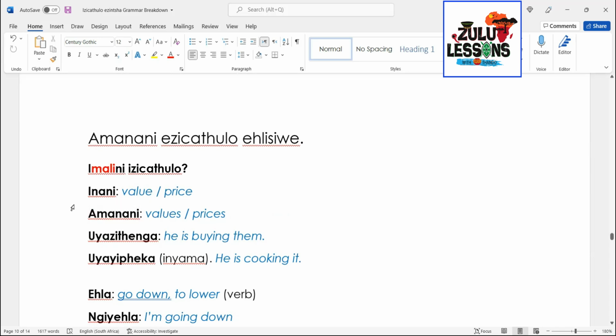Inani is value or price. So when we are saying amanani, we are saying values or prices. So you can see this is a class 3 noun. It's inani when it is singular, amanani when it is plural.